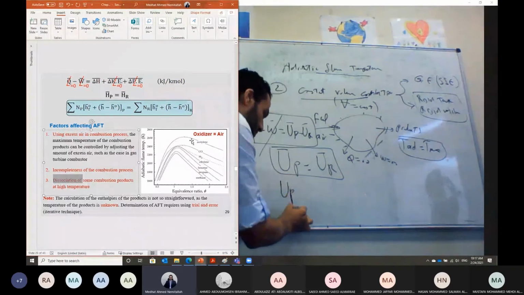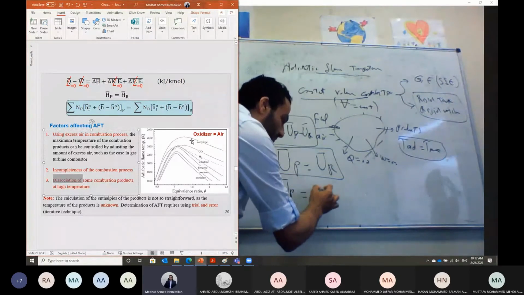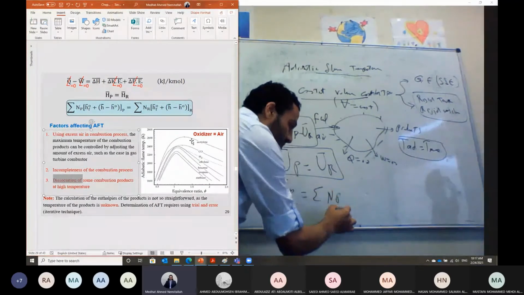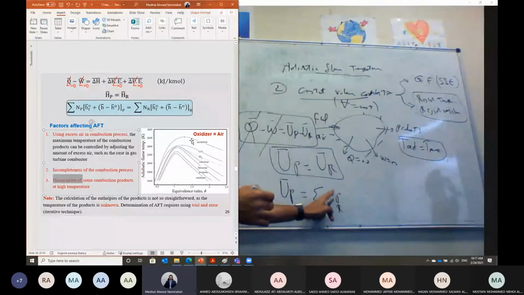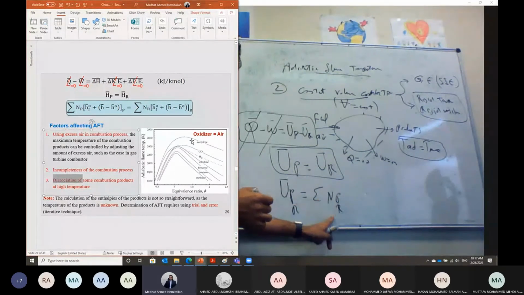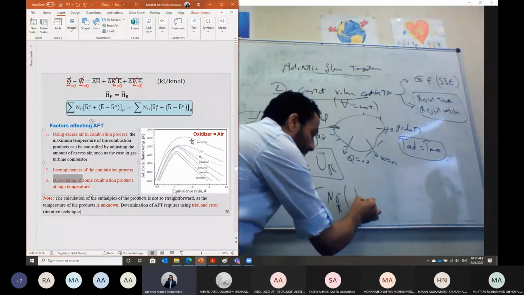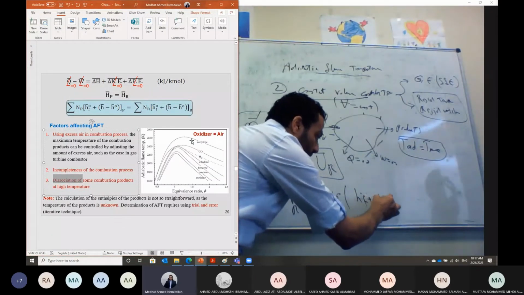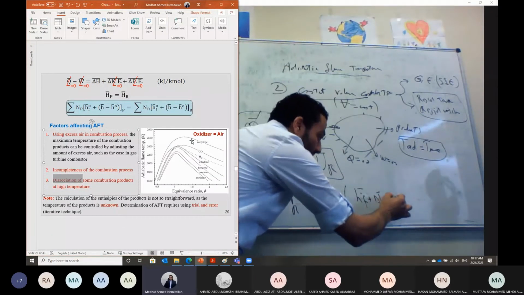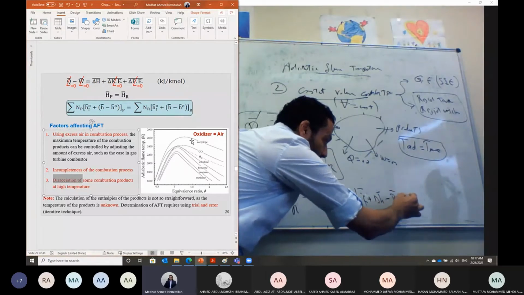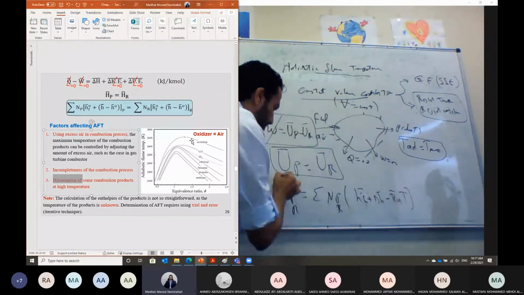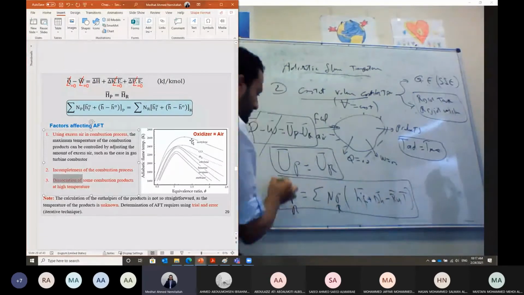We have defined the internal energy of product or reactant as the summation of the number of moles of each component multiplied by its enthalpy of formation plus delta H, minus R universal, or R bar, multiplied by the temperature, like what we have done last time.